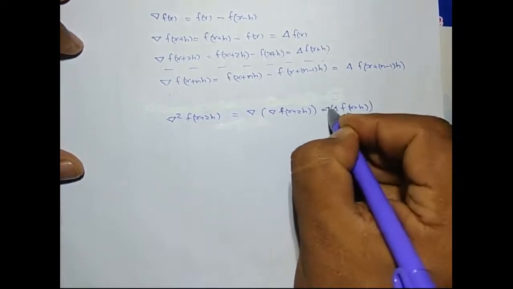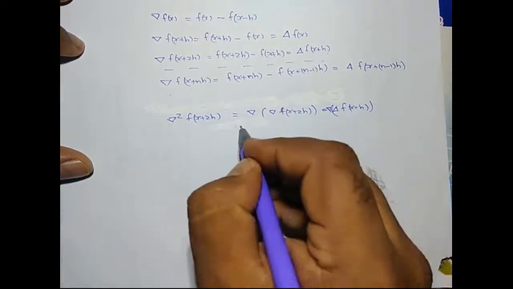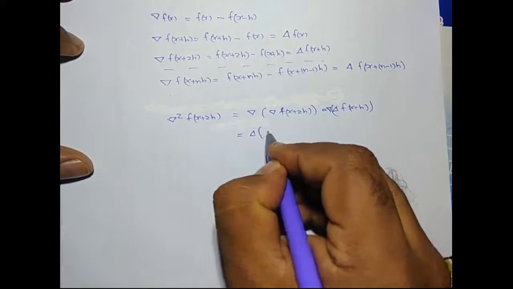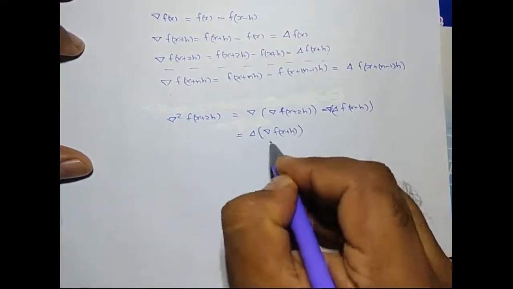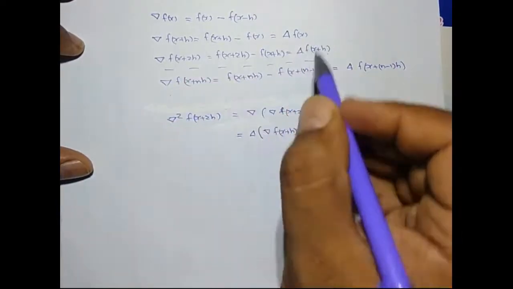It is operated by nabla function. We interchange these notations and rewrite it as delta of nabla f of x plus h. But nabla f of x plus h is delta f of x.